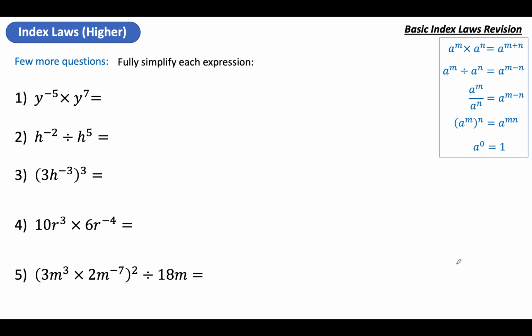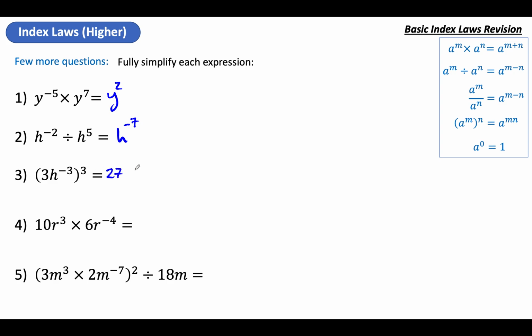We have unpaused. Okay, the answers are, I'm not going to talk about these too much, but minus 5 plus the 7 will be y squared. We're dividing here, so we're going to subtract. So it's going to be h to the power of negative 7, because I've got minus 2, take away 5, it's negative 7. Remember, ordinary numbers, ordinary maths. So the 3 needs to be cubed, which is 27.